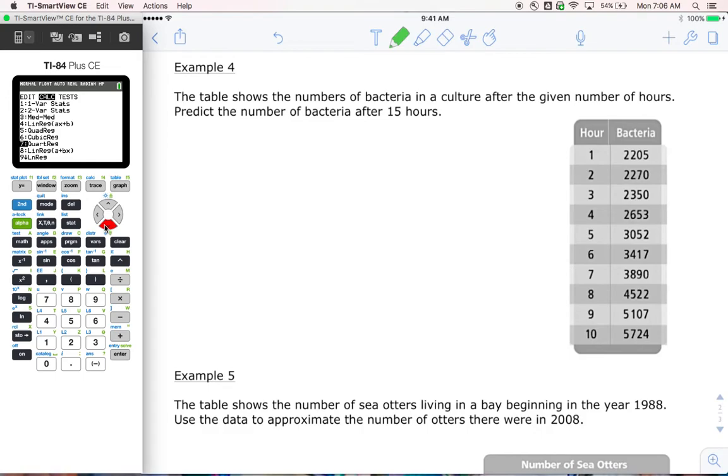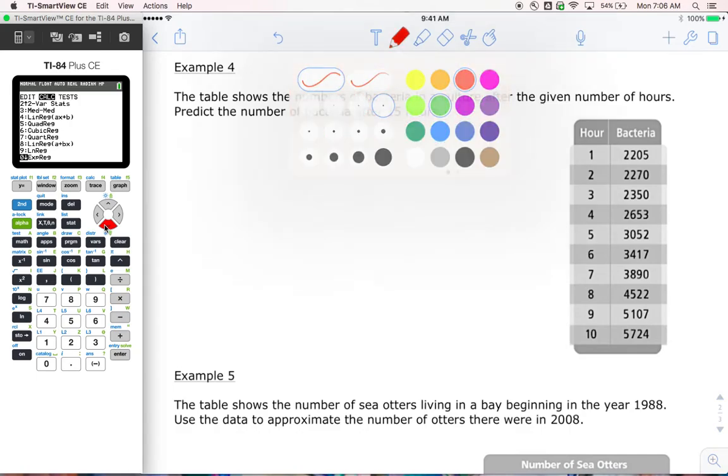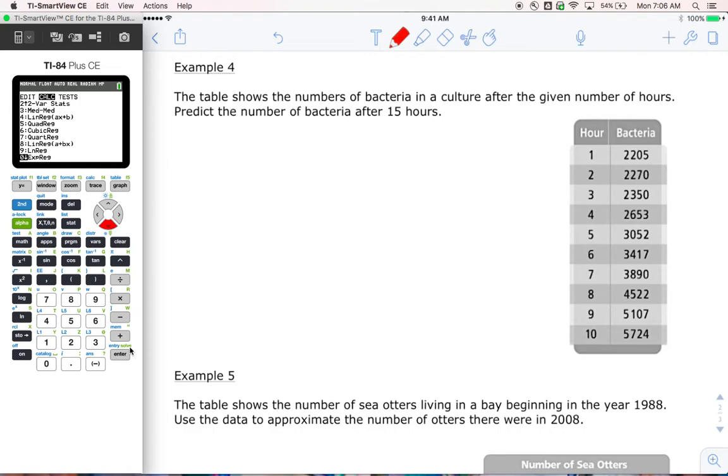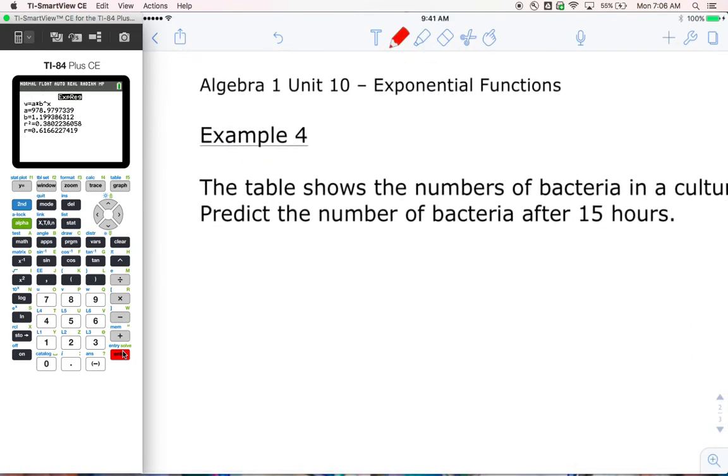All right, we're going to go to STAT, CALC, and choose exponential regression. And really quickly, in this actual problem, it should have told you somewhere to use exponential. Here we go. Click enter and enter again. And here we go. We're going to write this equation, and we're definitely going to round. So we've got y equals A, which is 978.979, so we're going to say 978.98.